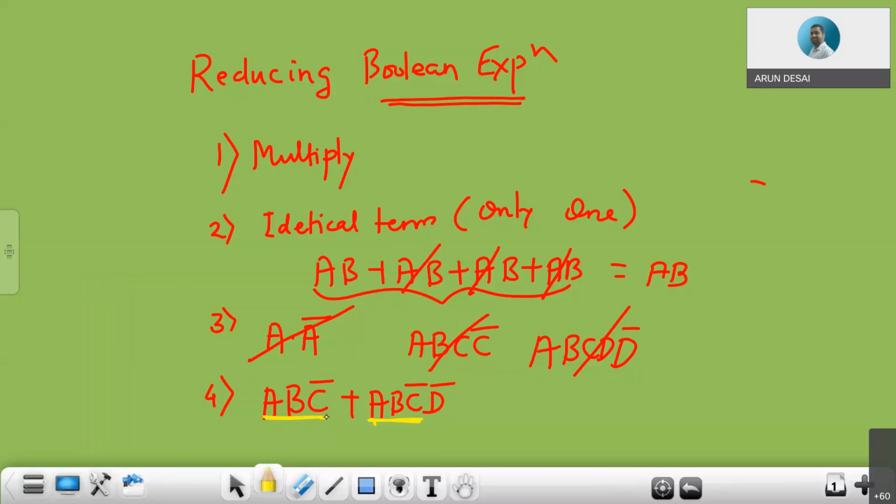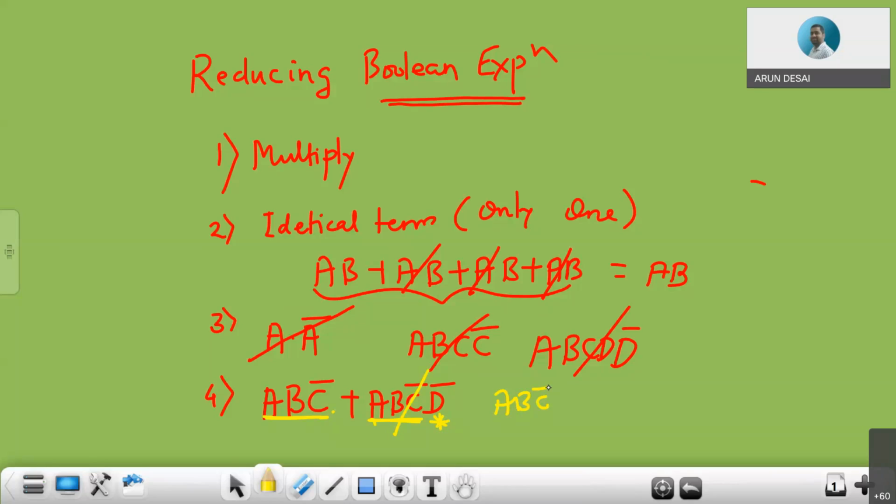Look for the pair of terms which are identical except one variable, missing in one term. If that variable is missing in one, then the larger term should be dropped. So what is the result? A, B, C complement. This is the fourth rule.